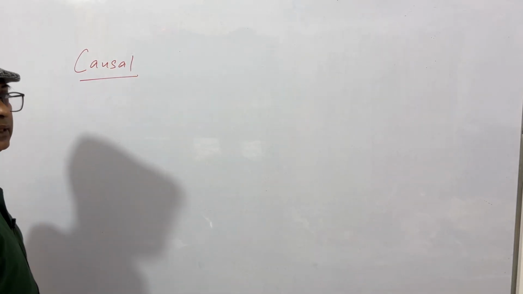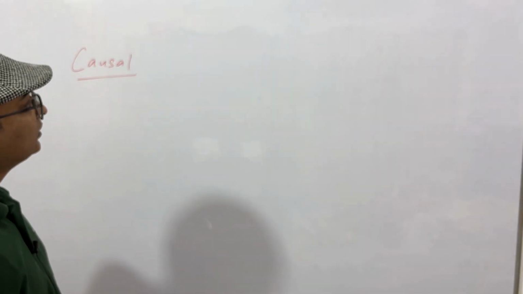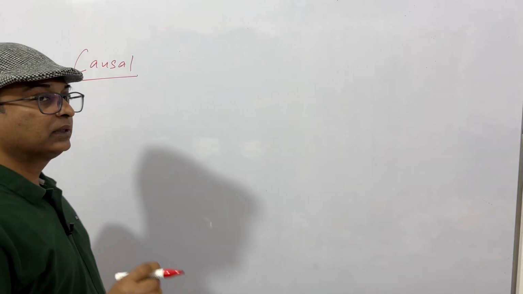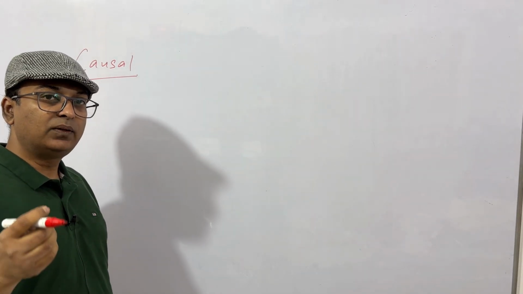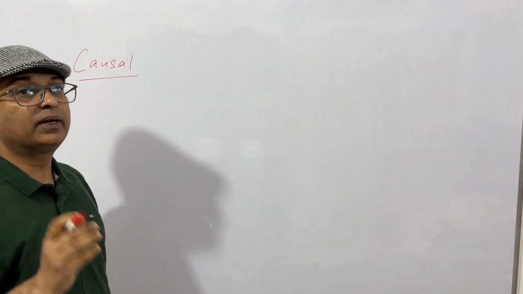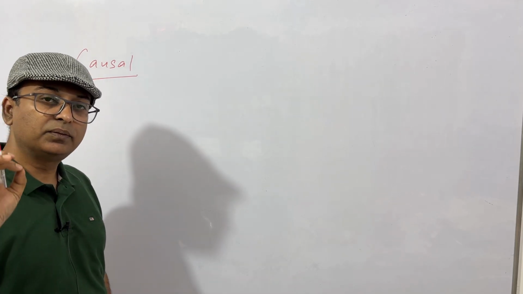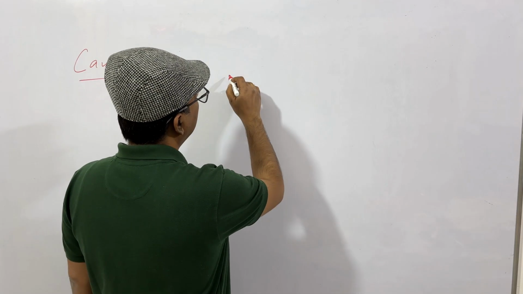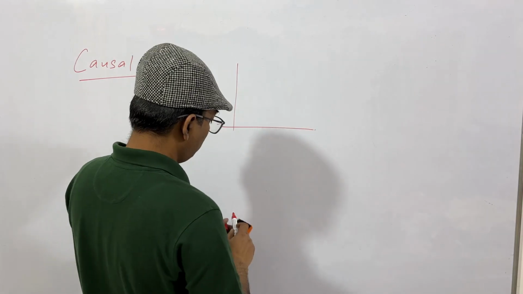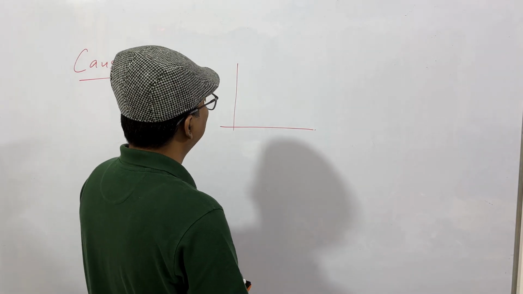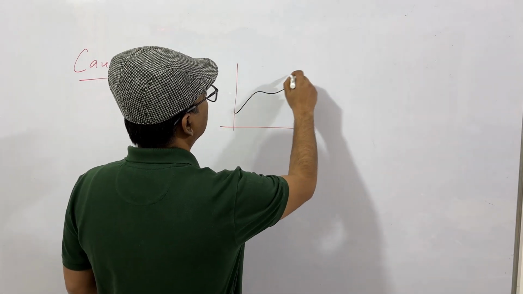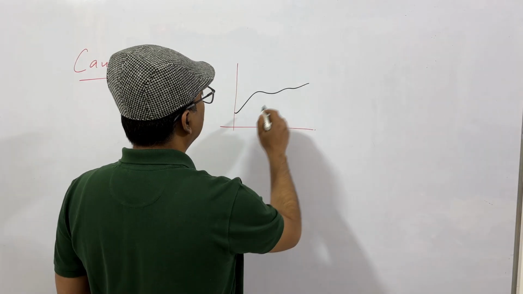What is a causal system? This property means that the system output is dependent on the value of the present input and the values of the past. Memoryless means it depends on the value of the present only. Let's take x(t), this is your x(t).